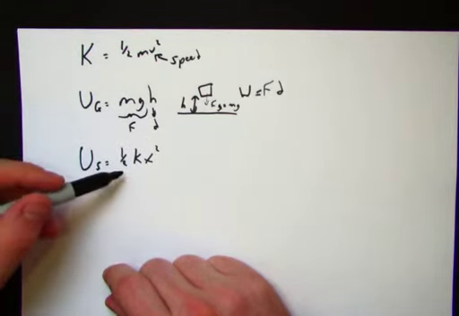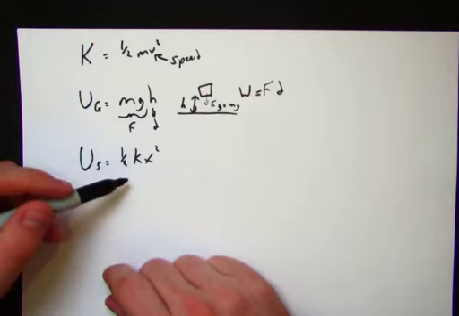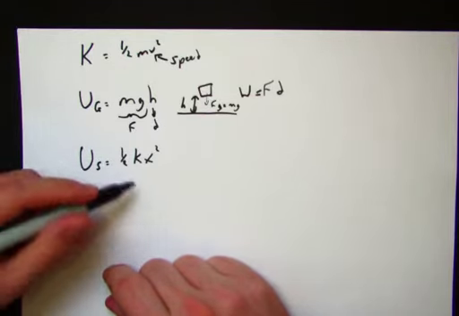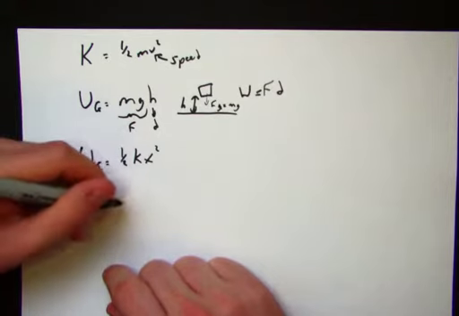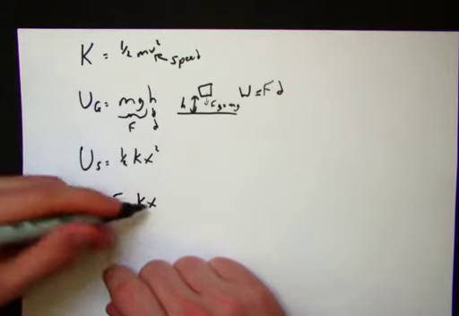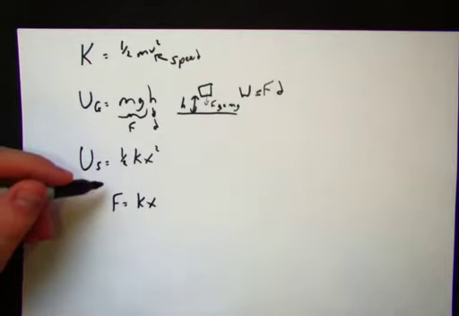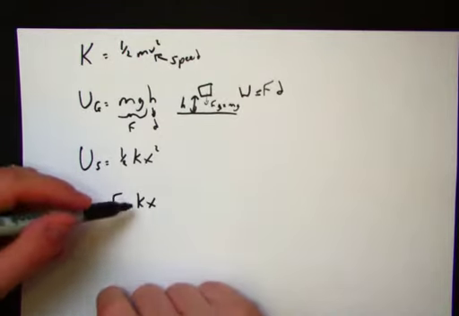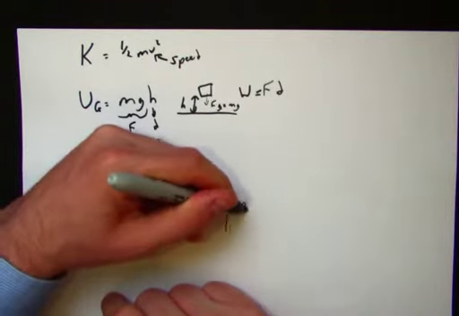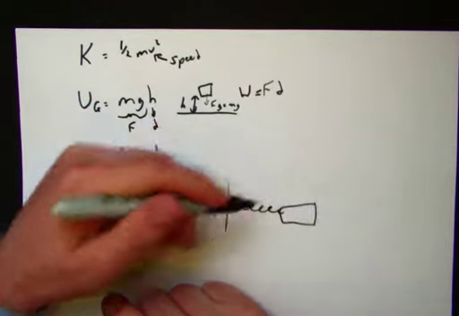Potential energy of a spring, again, is 1/2 kx squared. Where do they get this from? Well, I'll give you a simple explanation of it. If you think of the formula for Hooke's law, F is equal to kx, there's the force. Let's say I have a spring here, and there's some mass attached to it.